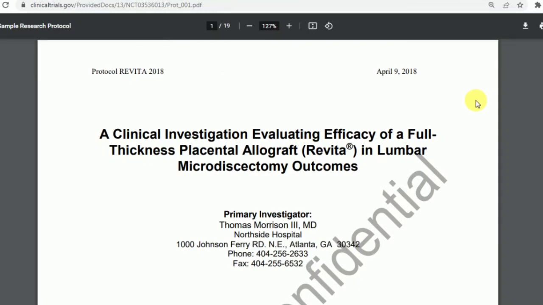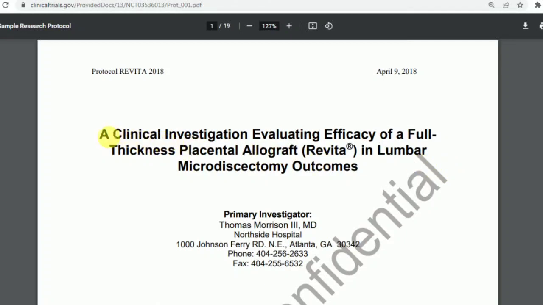I will give you a brief on the various contents of a protocol. The protocol used in a clinical trial is similar to this template. I will share the link of this protocol template, so you can refer to it and have a better understanding of the protocol.